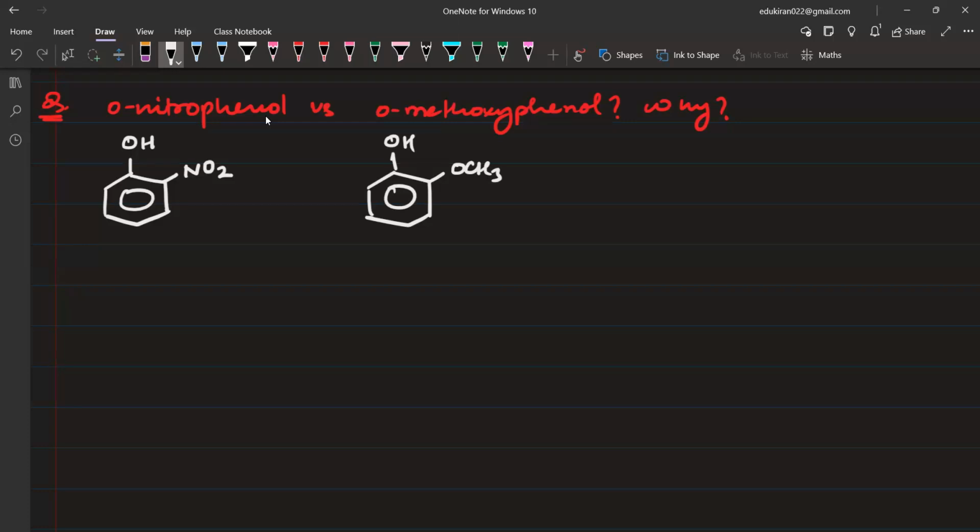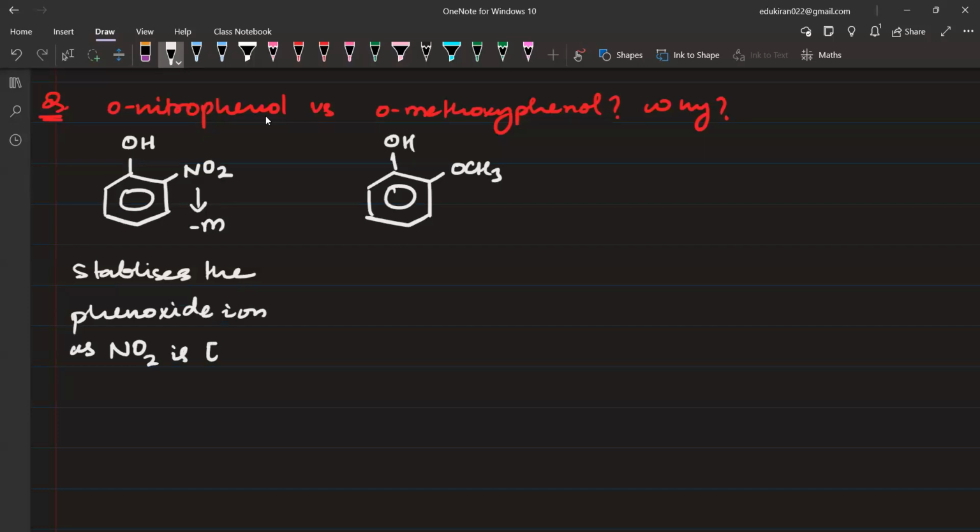Yes, sir. Okay. So NO2, you have said that it is a minus M group. So if it is a minus M group, it will stabilize the phenoxide ion, as NO2 is an electron withdrawing group. And what about the methoxy group, OCH3? Is it plus M or minus M?